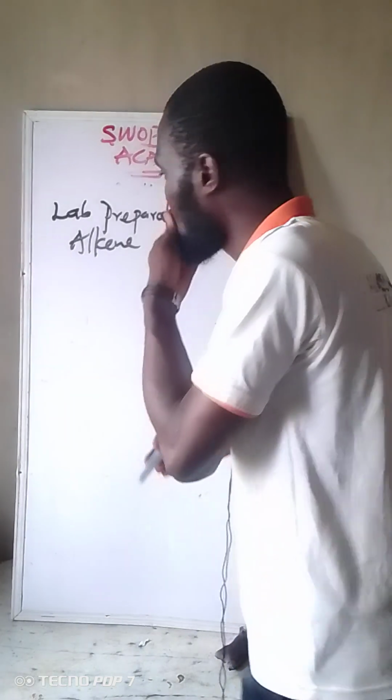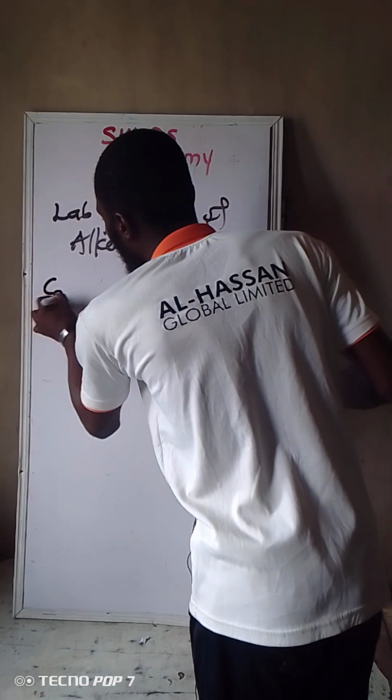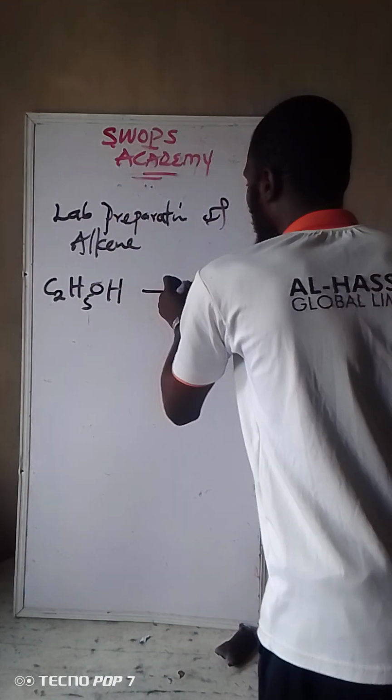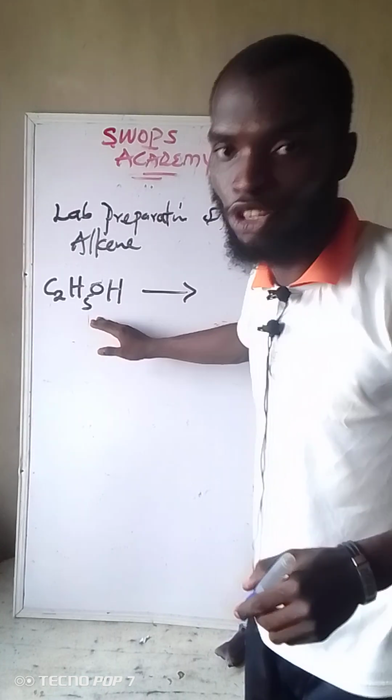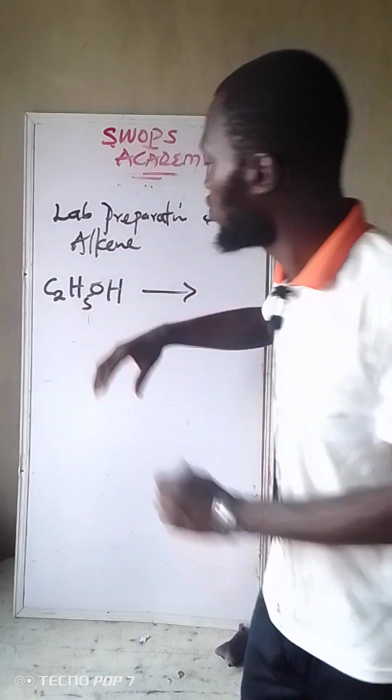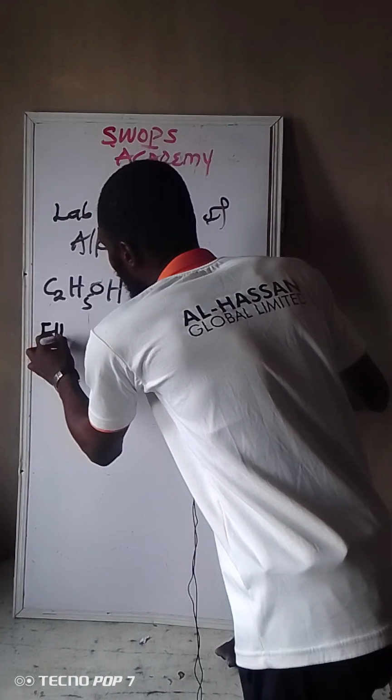Now let me see. C2H5OH. This is ethanol. The dehydration of ethanol.